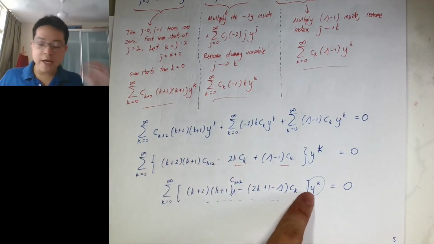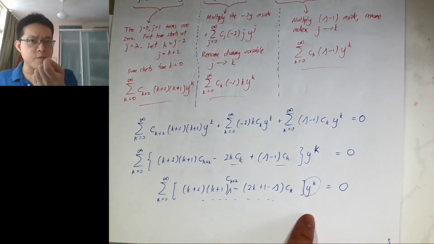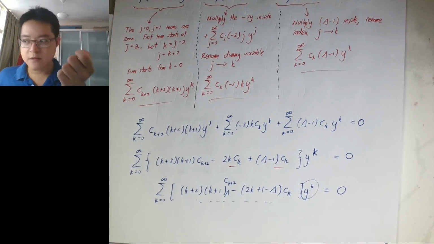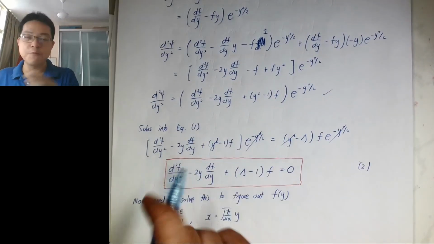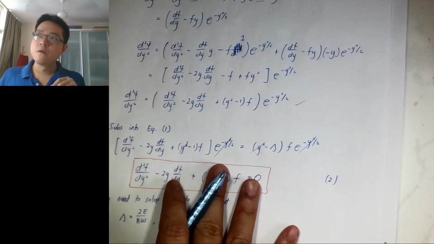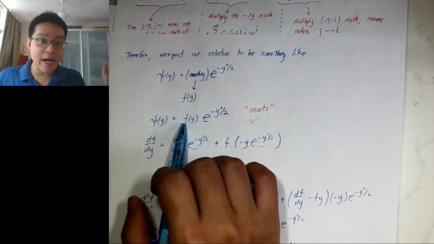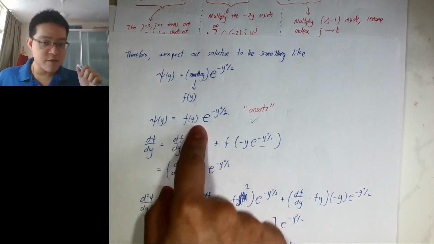If we just say y equals 0, that means x equals 0. That means we just get information at one point of the system only, right? If y equals 0, that means we cannot get the wave function as a function of y. We want to have a solution that is a function of y, not just y equals 0.